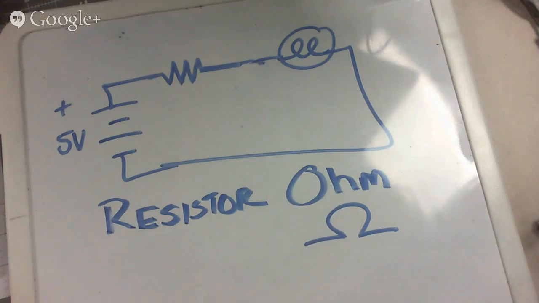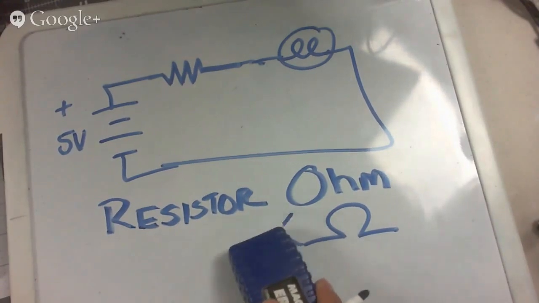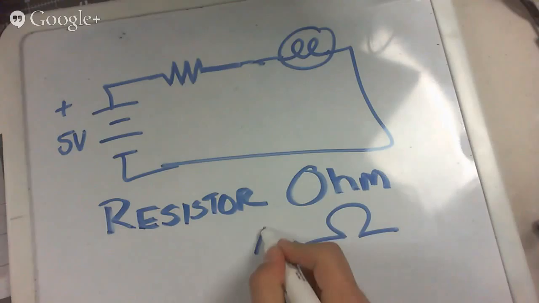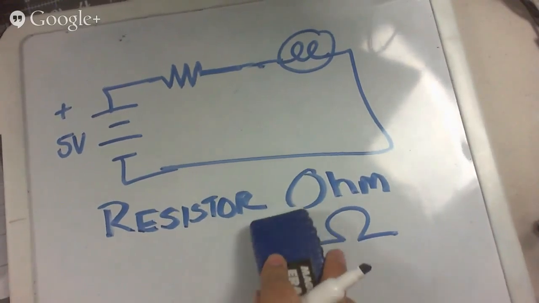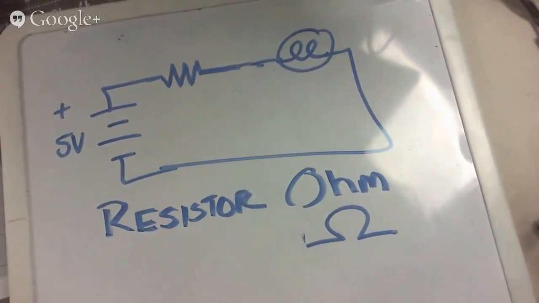A lot of times you'll see them rated as kilo ohms with a little k in the front, or with a big M for mega ohms. Mostly in small signal electronics, it's going to be ohms, like 200 ohms, 220 ohms, or 10 kilo ohms.